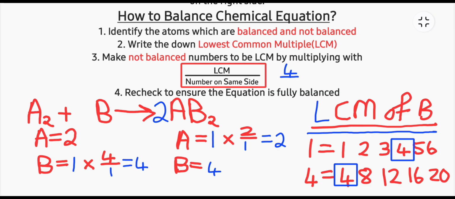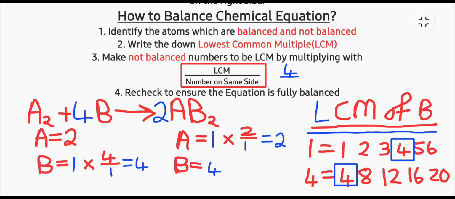So 4 like that, that 4 is how our B is balanced. Now I see the A is 2, the A is 2, the B is 4, the B is 4. So it means it is balanced over there.